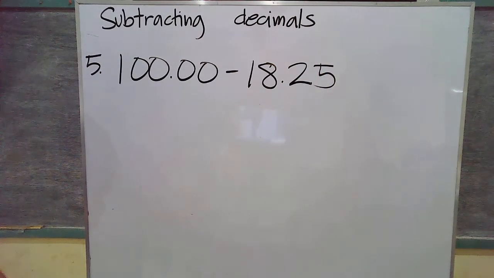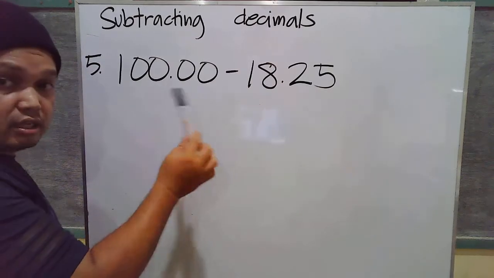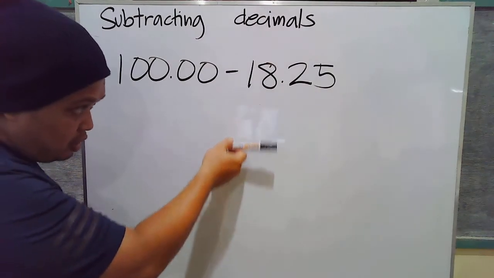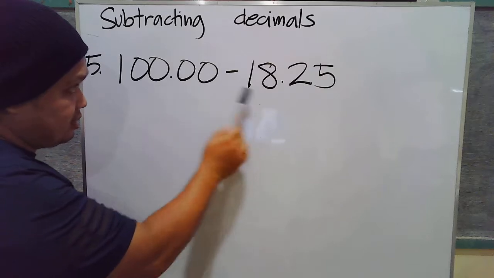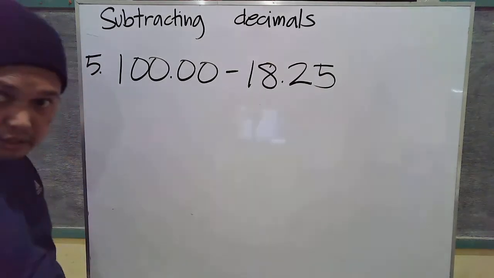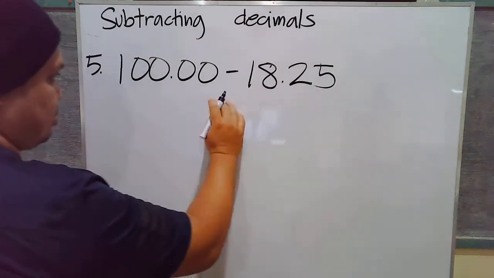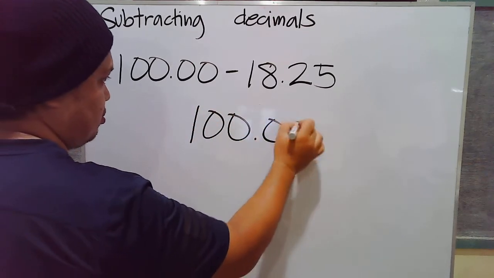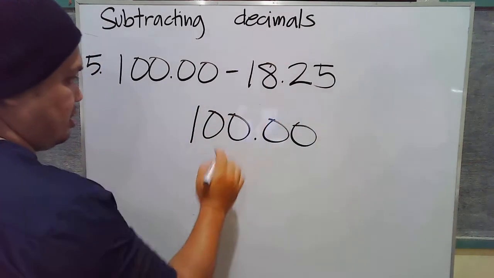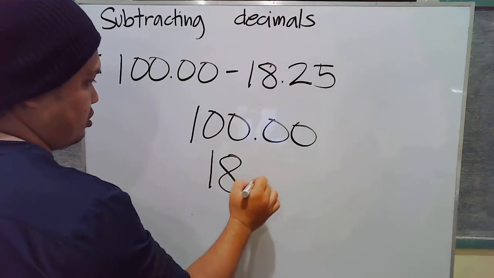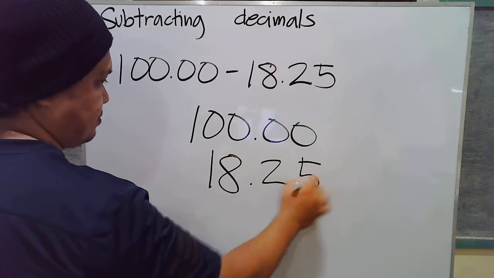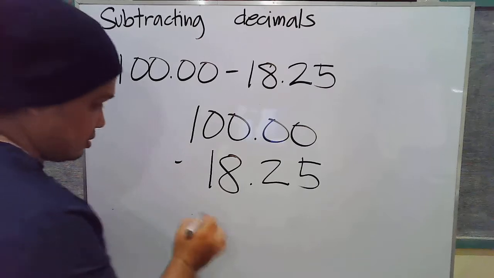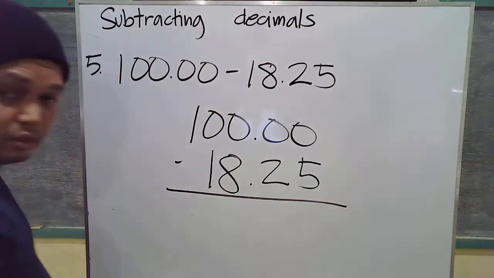So the same process, just arrange the decimal numbers in column, aligning all their decimal points. Let's do that. Copy 100 here, 100.00, and 18.25 here. Subtract. Let's do that one by one.